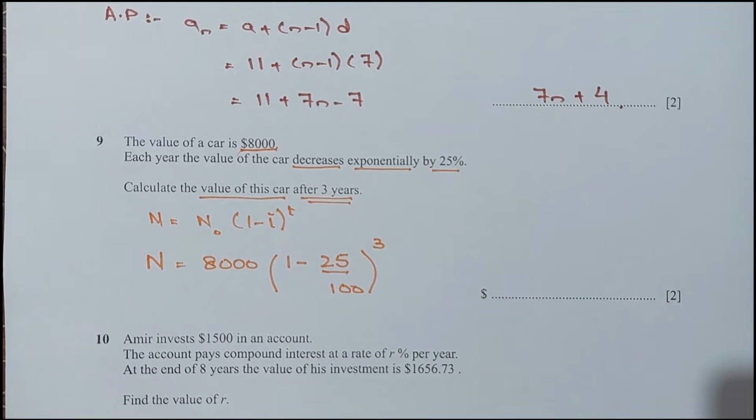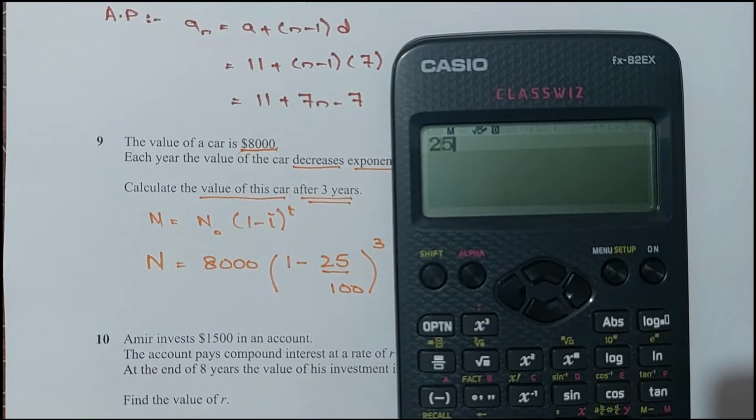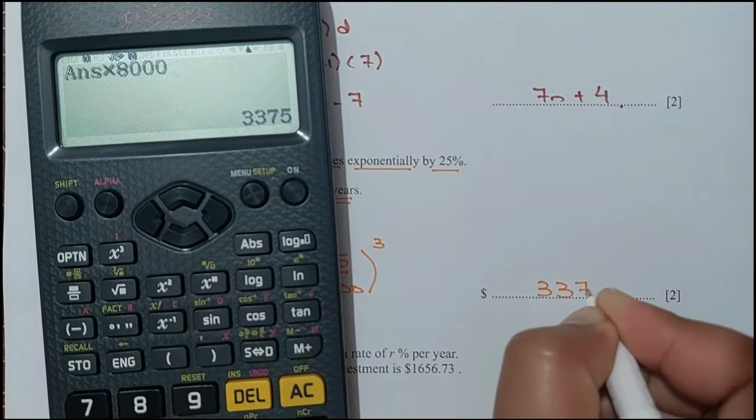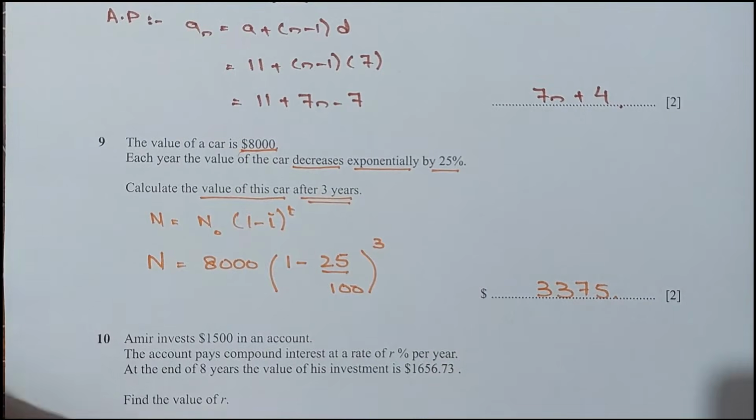Let me simplify this. So 25 over 100, 1 subtract the answer, to the power 3, and times 8,000. That gives 3,375. This would be the value of the car after 3 years.